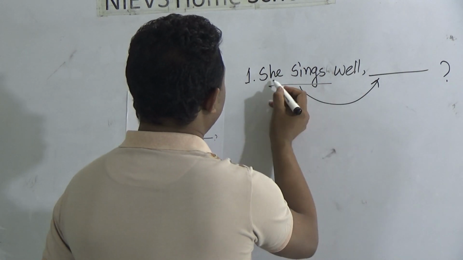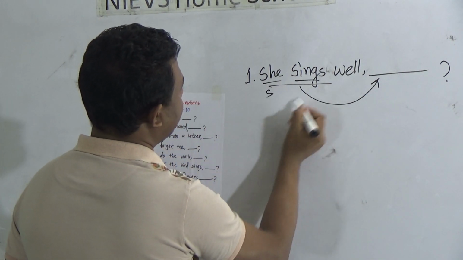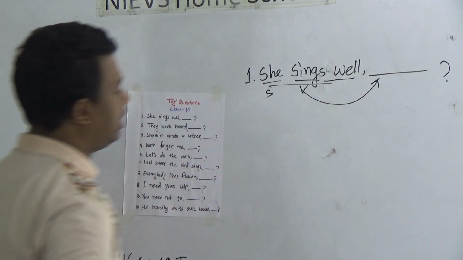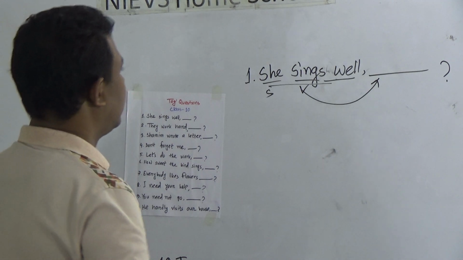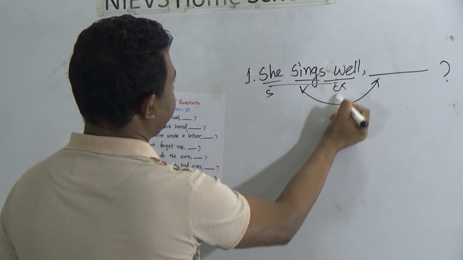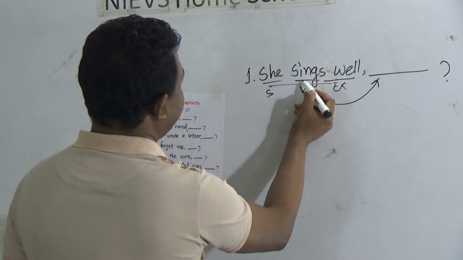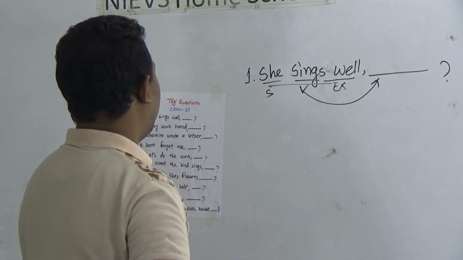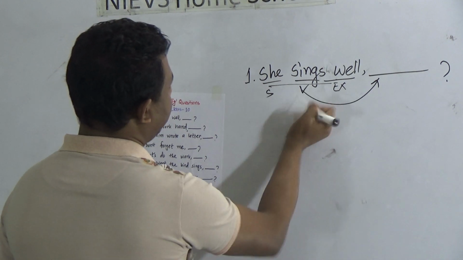Dear students, she is the subject, then sings is the verb, and there is actually no object, it's an extension. But this is a verb, so we have to identify the sentence's tense regarding the verb.